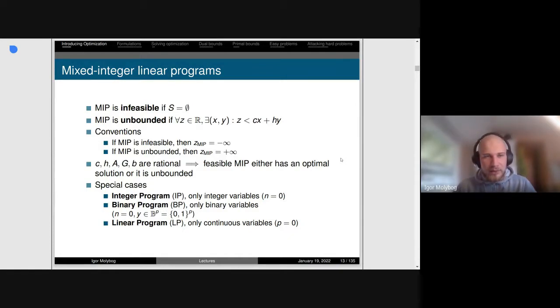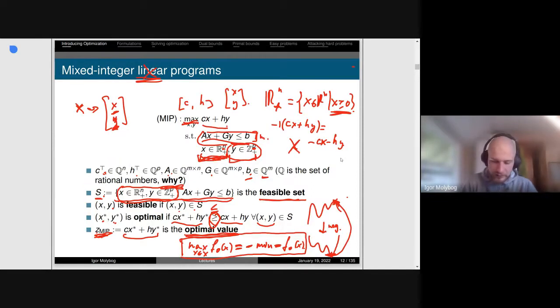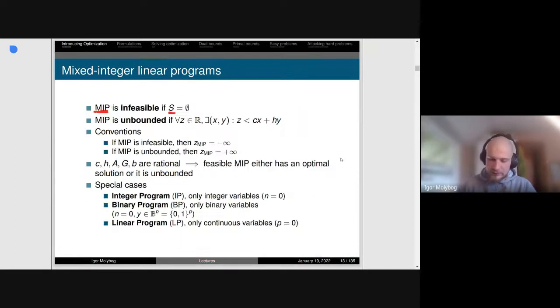Okay, so we are talking about the mixed integer linear programs. We are saying that a problem, actually, it's about any optimization problem, but specifically if we are talking about the mixed integer program, it is infeasible if its feasible set S, defined on the previous slide right here, is empty.